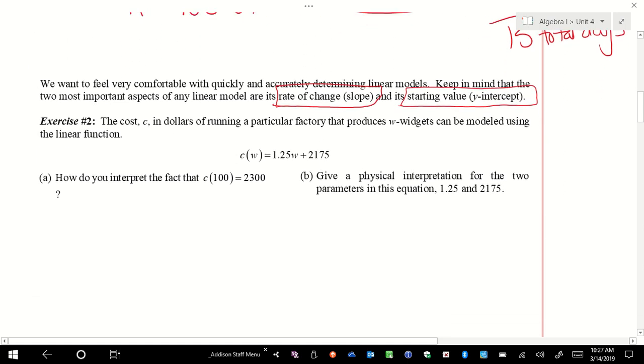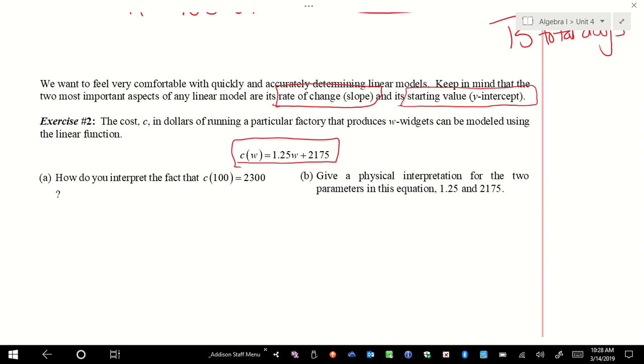So here's a new one. The cost C in dollars of running a particular factory that produces W widgets can be modeled using this linear function. C of W equals 1.25W plus 2,175. They love to ask this question. We've been practicing these.